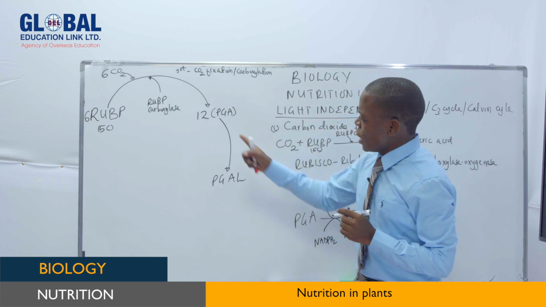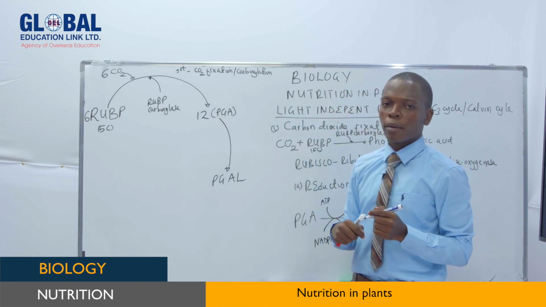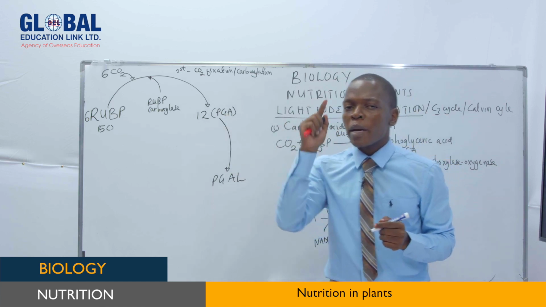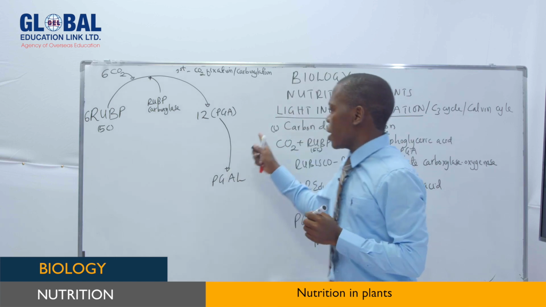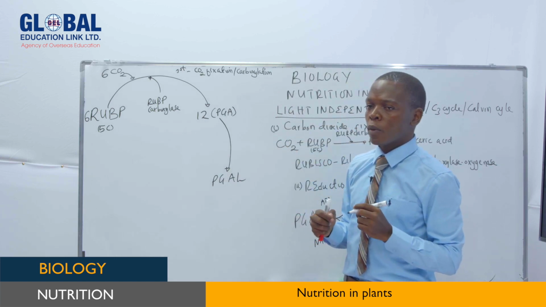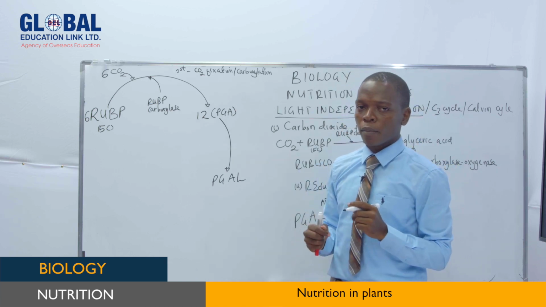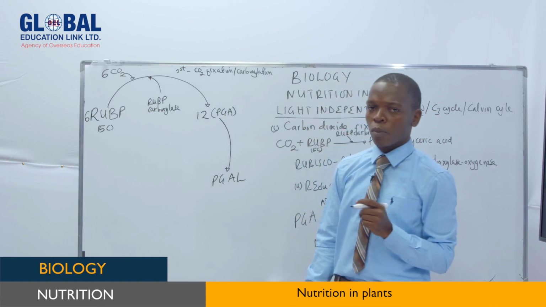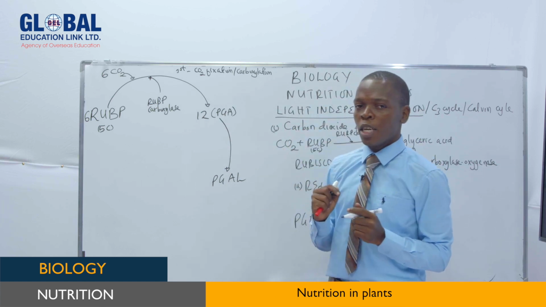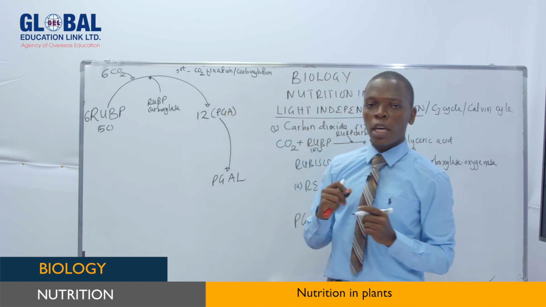But we have 12 molecules of phosphoglyceric acid, and it is in this process that the main products of the light reaction are used. You remember those products of light reaction, which are ATP and NADPH. In this stage, we use these 2 products. ATP provides energy for conversion of PGA into PGAL.